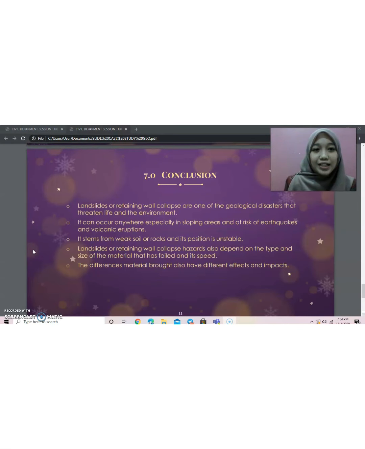Our conclusion for the case study about Highland Towers is: 1. Landslide or retaining wall collapse is one of the geological disasters that threaten life and the environment. 2. It can occur anywhere, especially in sloping areas and areas at risk of earthquakes and volcanic eruptions. 3.